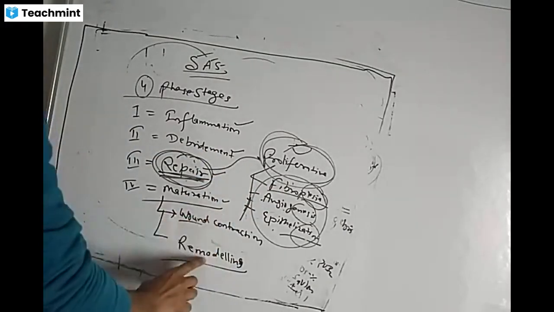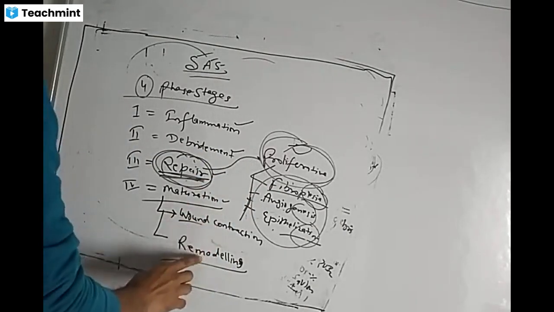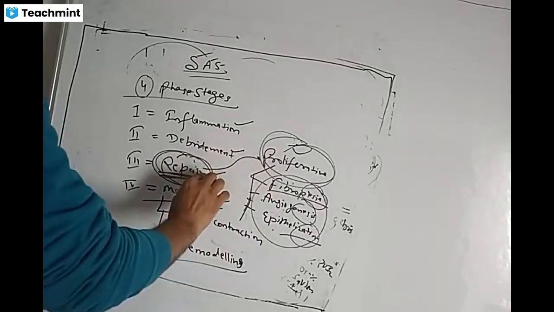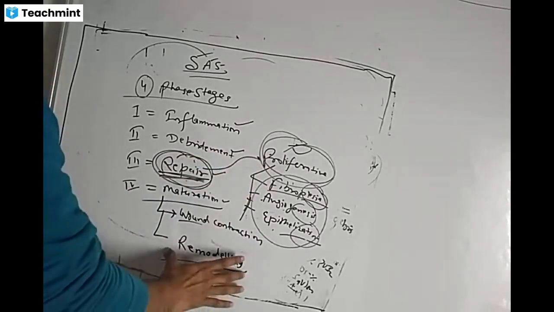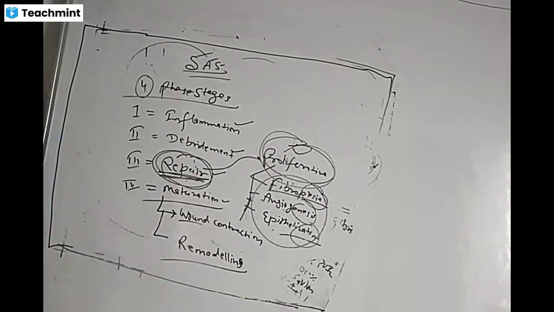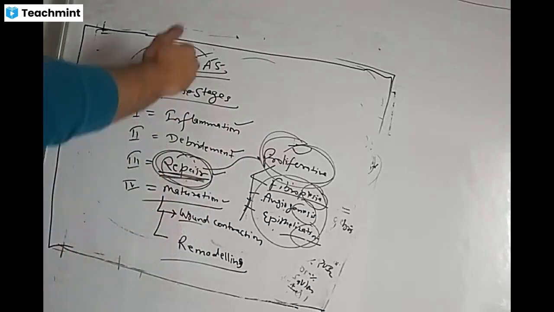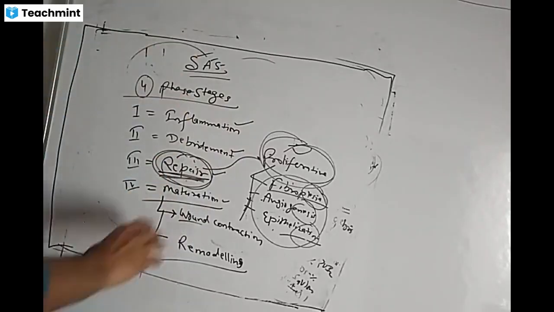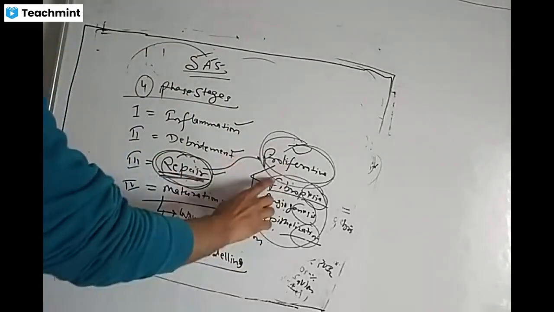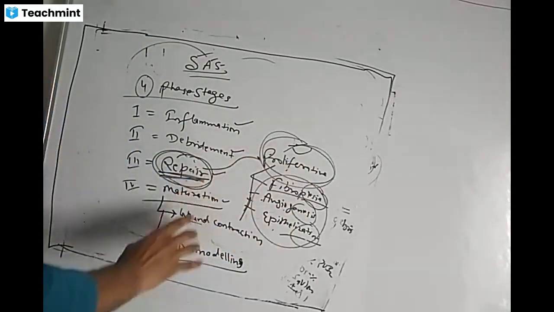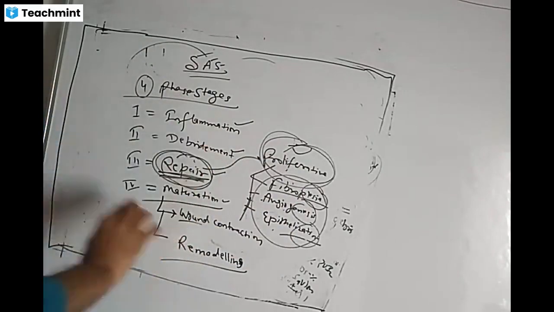So in this book, wound contraction comes under repair and the remodeling phase comes under maturation. But in every book, the sequence is the same. The names are given differently, they give repair in that proliferative phase, but the sequence in all the books is similar.